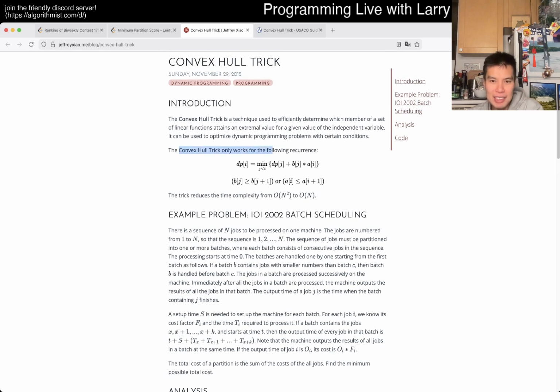Wait, does it? Is this convex over all of j? So it only works for this. And this can be trivially true because it's prefix sum, right?